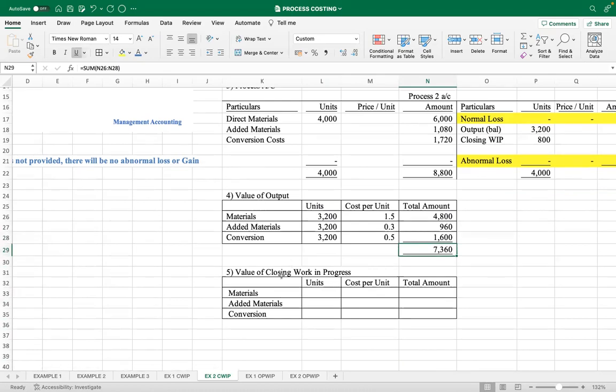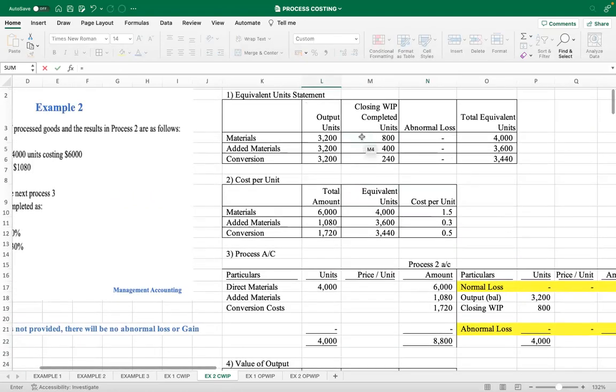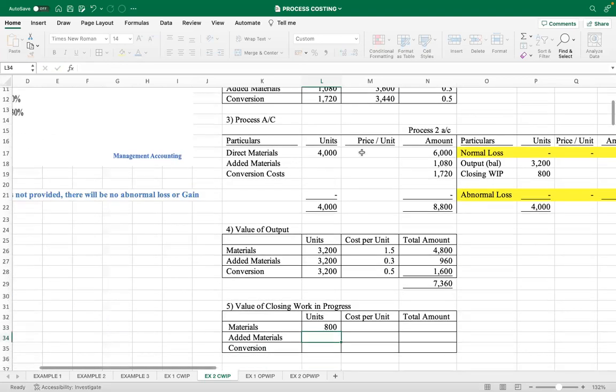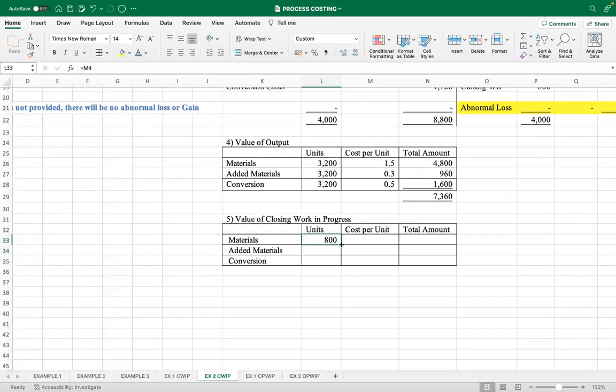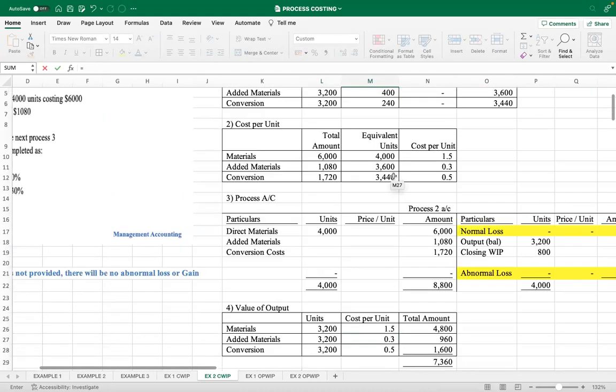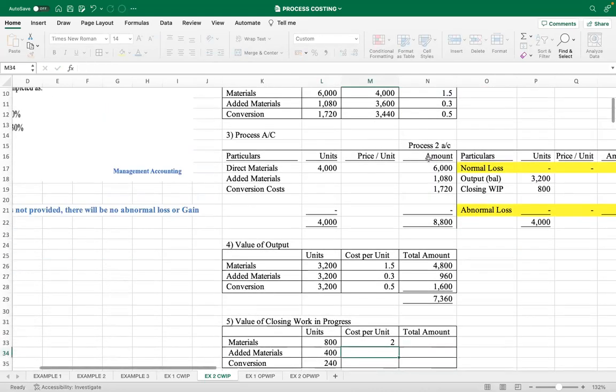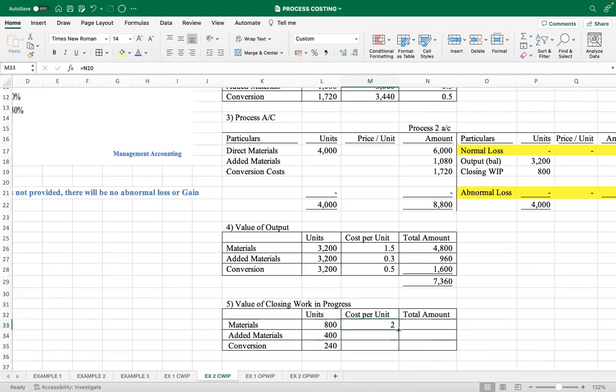Next, we have value of closing work in progress. We go to the equivalent unit statement and pick closing work in progress. It is there. We go to the cost per unit statement and pick cost per unit. It is again there. Okay.